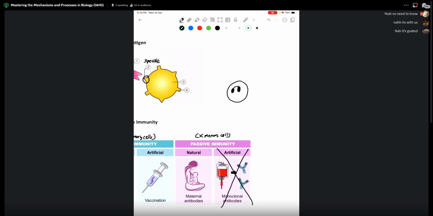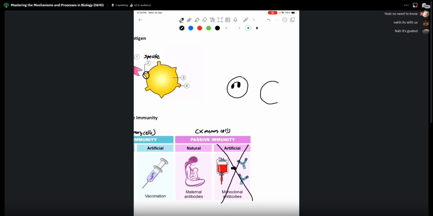Okay. So phagocytes, it looks something like this, and this is a lymphocyte. It has a big nucleus. Phagocytes will undergo phagocytosis. Lymphocytes will produce the antibody.